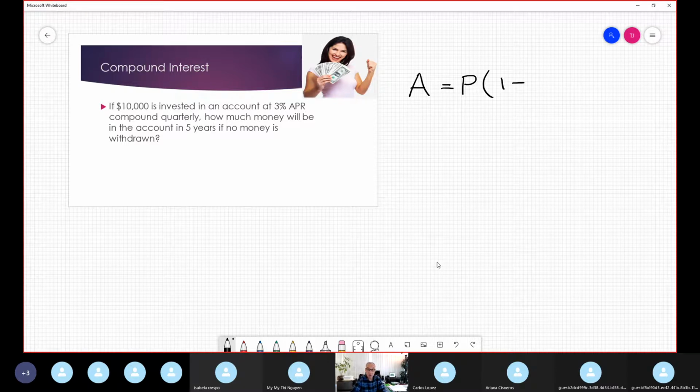Look, 1 plus R over N raised to the NT. Who is R? R is the interest rate. Normally it is expressed as an annual percent rate. In our example, it is 3%. N is compounding.